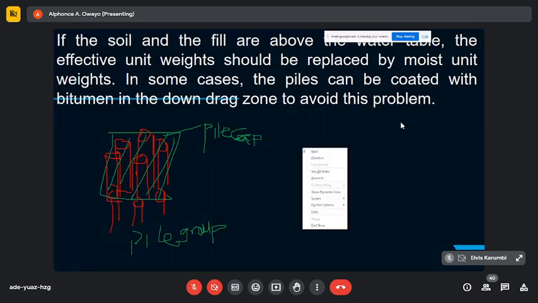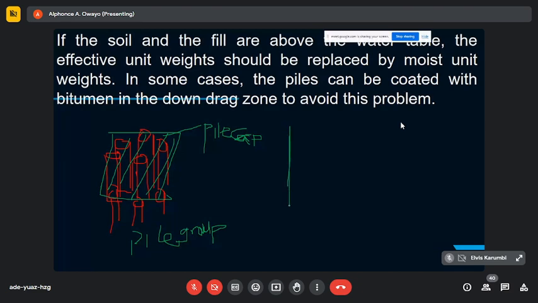So the point here, in fact, is that if we take a cross section, and say we have 1, 2, 3, 4, 5, 6, 7, 8, 9 piles. So this is the bird's eye view, or plan.